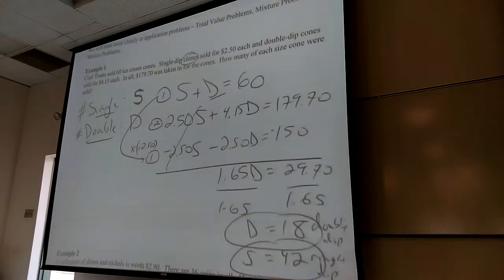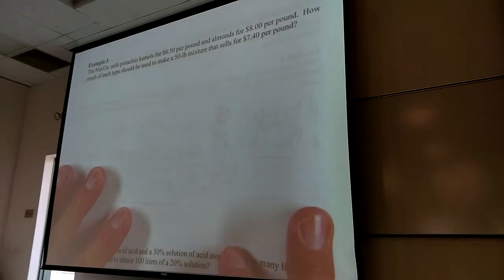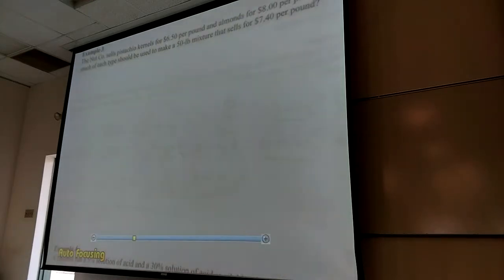Example 2 is the same thing, so let's do example 3 because that's not the same thing. Not quite. It's a little bit different. Example 3. Yeah, the nut company. Now we're going to do this one together because it's a little bit different.